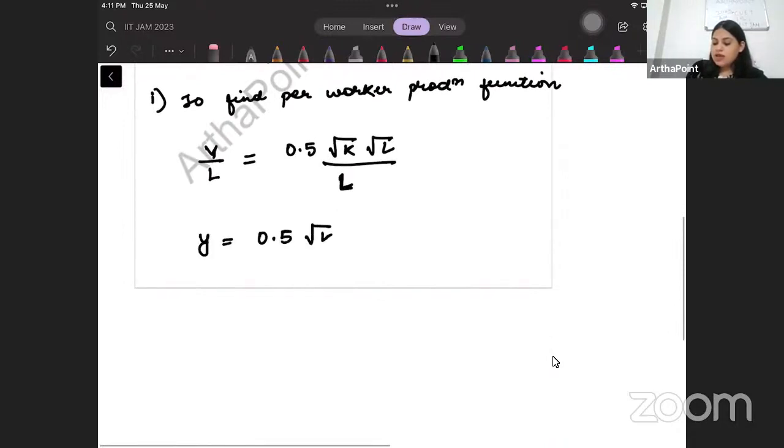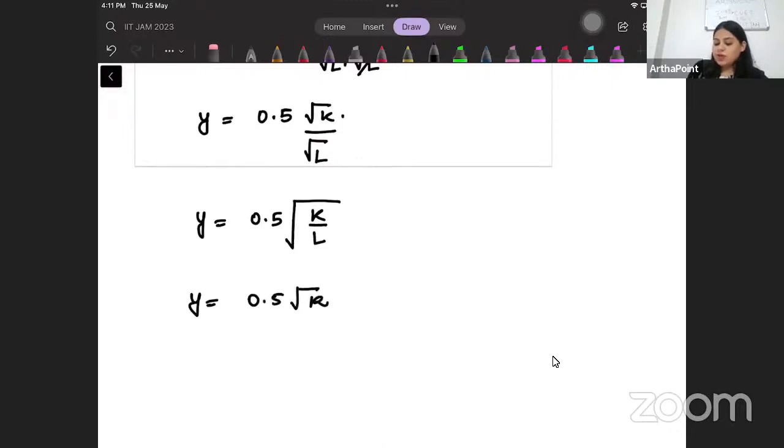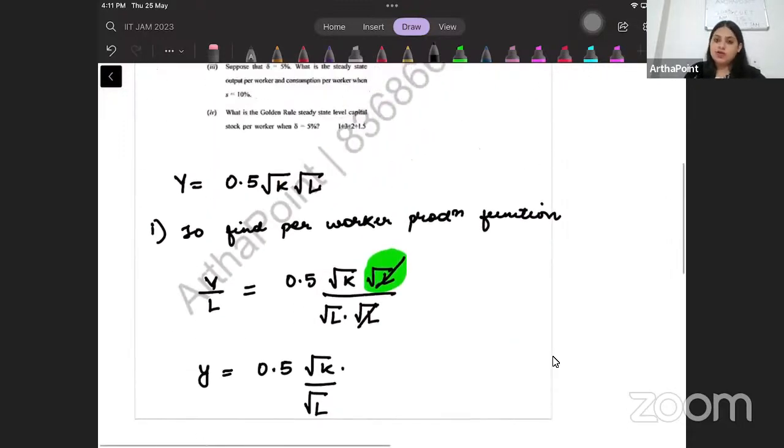This will be root K. And look, beta, this is root L, this is L. L is nothing but root L into root L. So this gets cancelled. So this will be y is equal to 0.5 root K. This is your per worker production function.